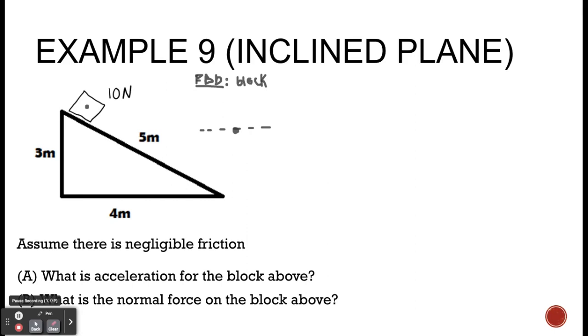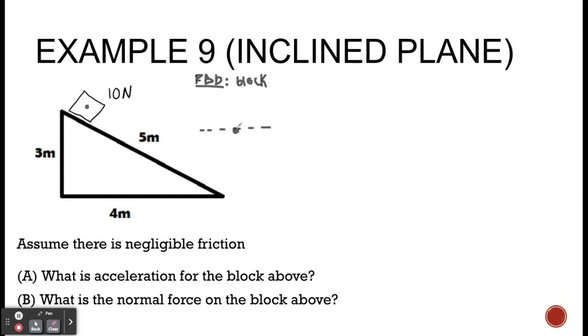Our first step with these, as detailed in the last video, is to draw the free body diagram for our object. We're going to make the surface of the incline the x-axis. The x and y axes are arbitrary, so we get to assign what's the x perspective and what's the y perspective. So we're going to rotate the angle of the incline so that the surface is along the x-axis.